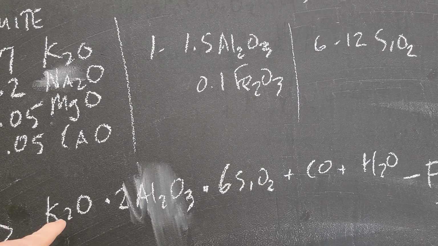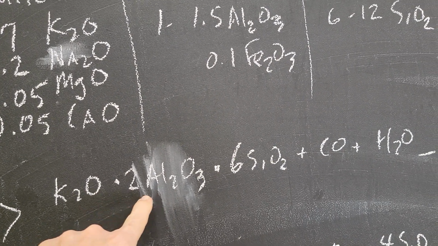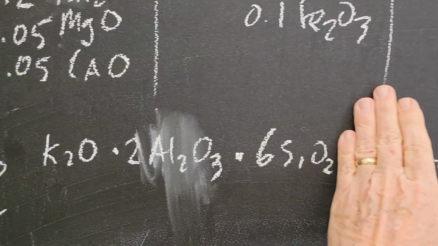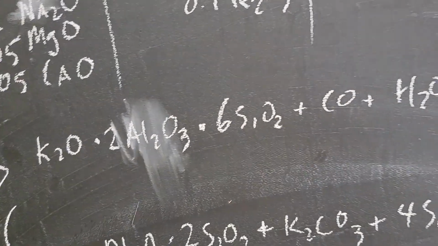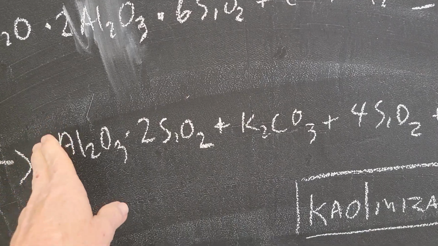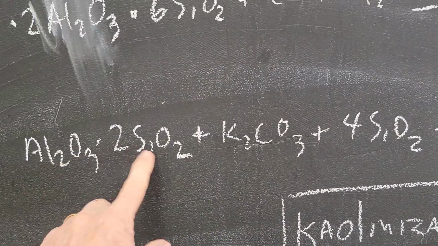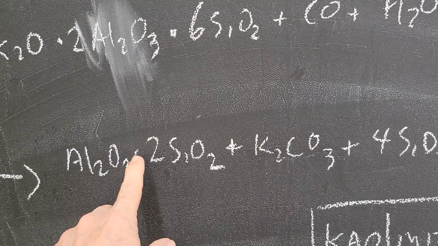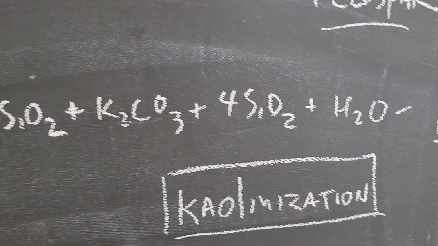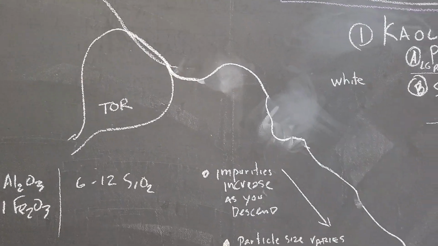What you end up with here is a feldspar, potassium feldspar, right here. Then other things go away, and as it erodes more, the potassium and the rest go away, and you end up with kaolin, Al2O3·2SiO2. That's called kaolinization, and that's sort of how this happens. That gives you an idea.